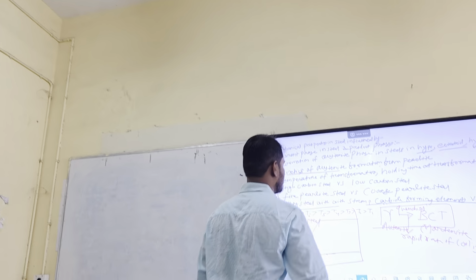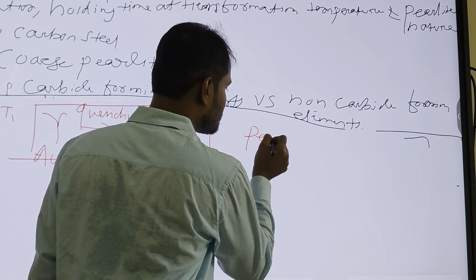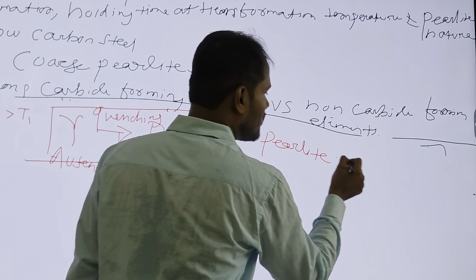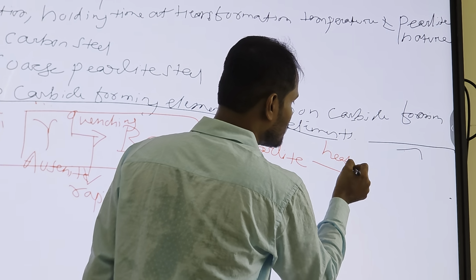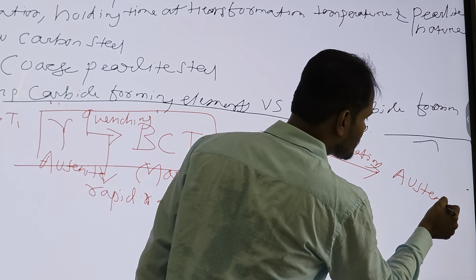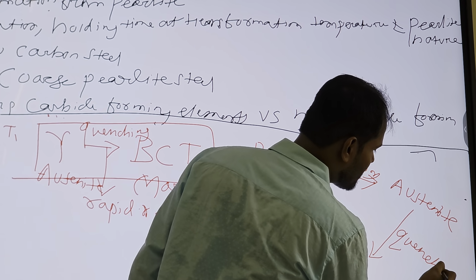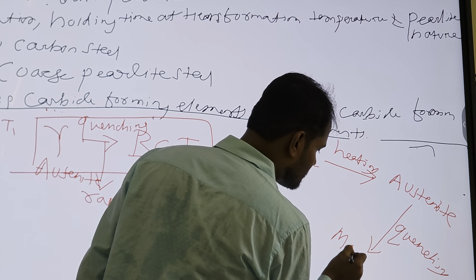So initial is perlite, you do heating, it will become austenite. Then you do quenching, that is rapid cooling, and you end up with martensite.